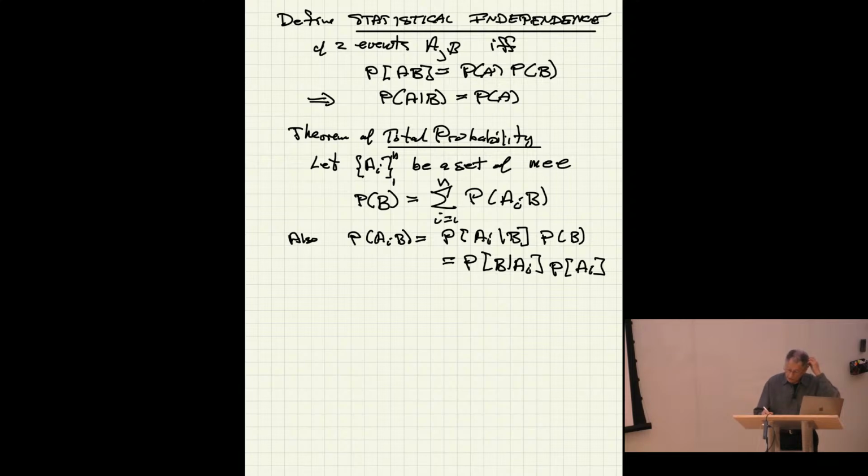So, combining what I just wrote down with the original definition of total probability, the probability of B can be written as the sum over all of these mutually exclusive exhaustive events of the probability of B given A_i times the probability of A_i.